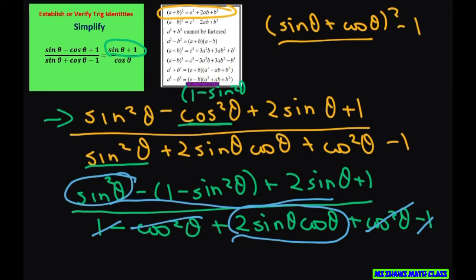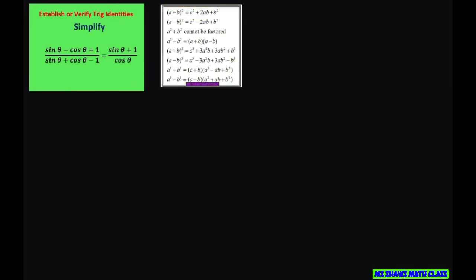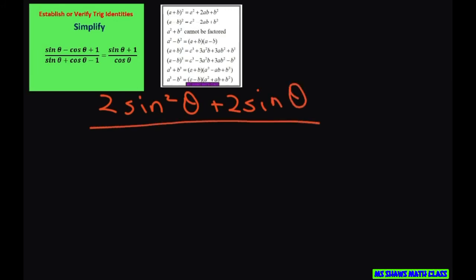So now, once we simplify the numerator, we're going to have 2 sine squared theta plus 2 sine of theta divided by 2 sine theta cosine theta. Let's go ahead and factor this out.